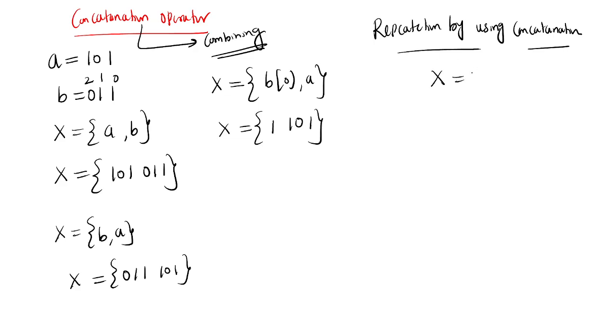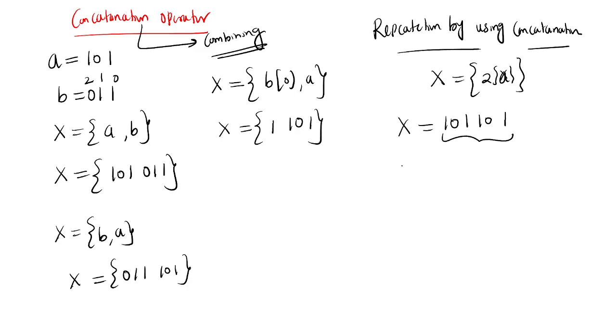Suppose x equal to 2 of x. Let us take x equal to 101 and 101. That means let us take x equal to 2 of a, if you consider. What is the value of a? 101, no? So I am repeating it 2 times.